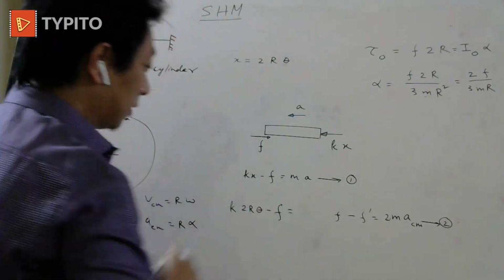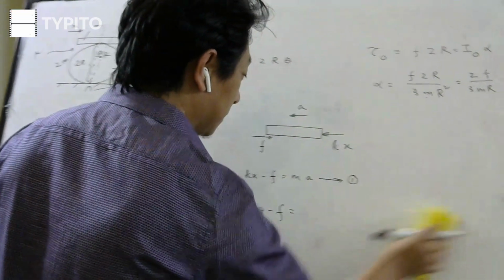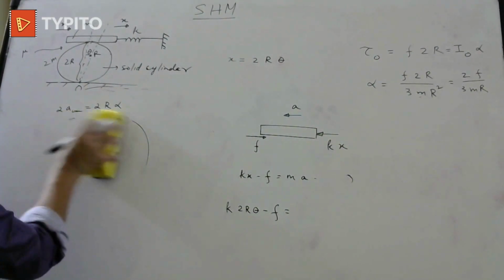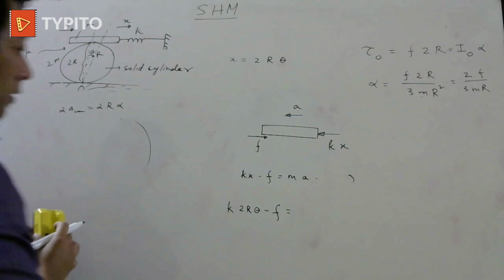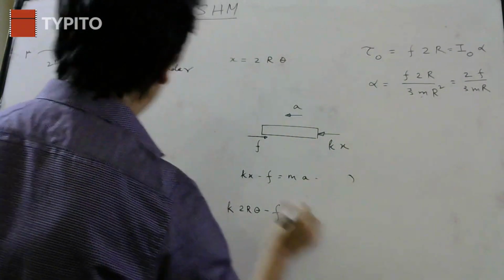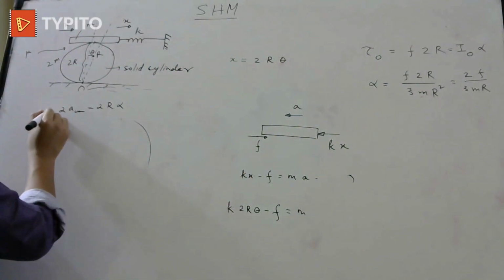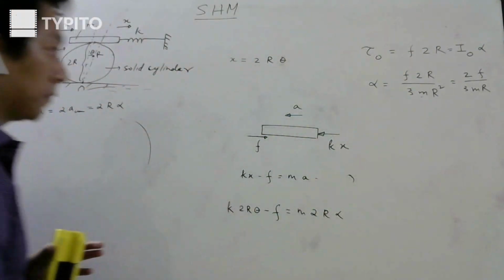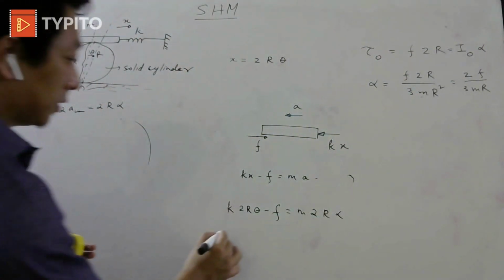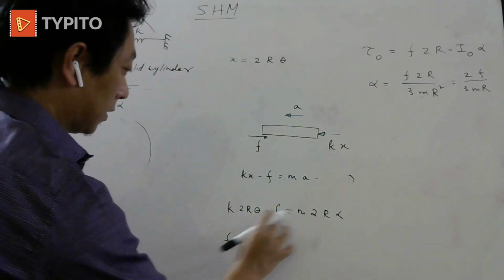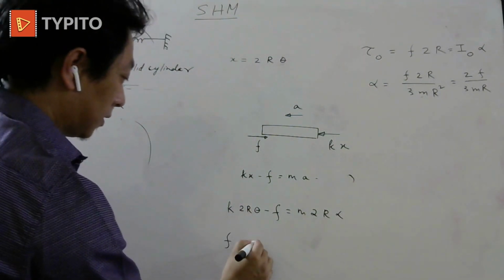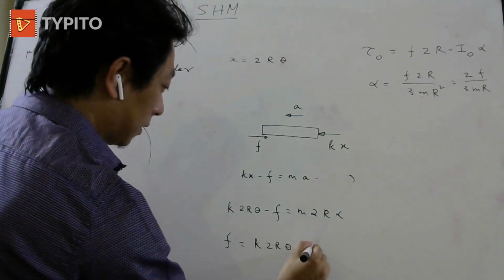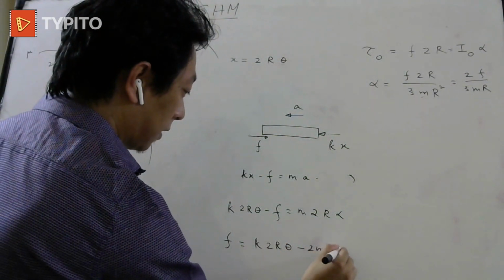Friction equals k into 2r theta minus, in place of ACM, the acceleration of this point, which I can write as 2r alpha. So friction becomes finally k into 2r theta minus 2mr alpha.